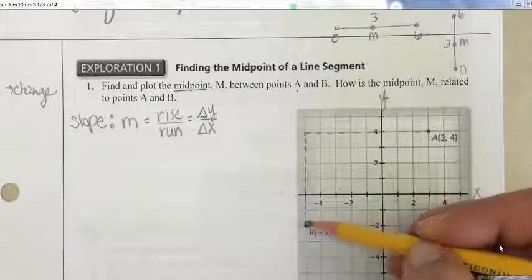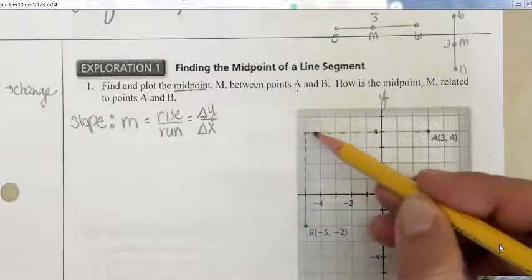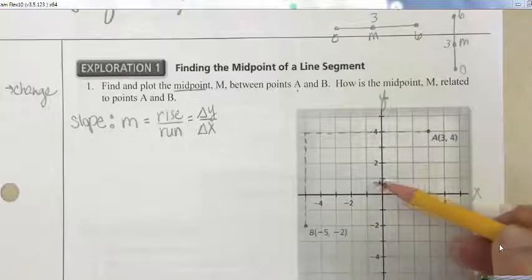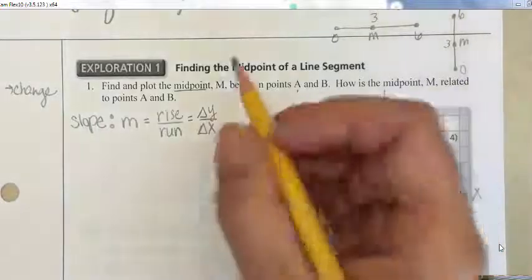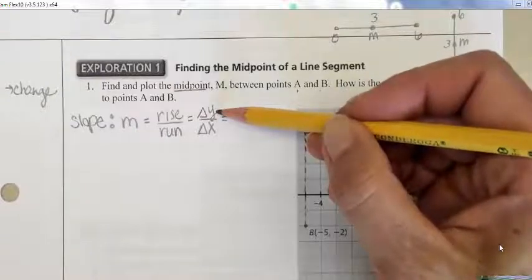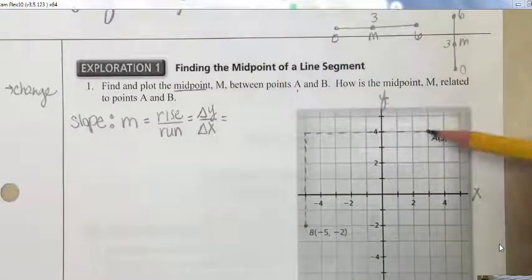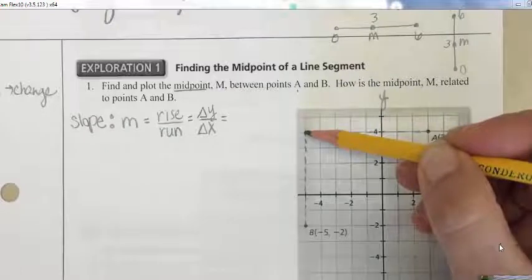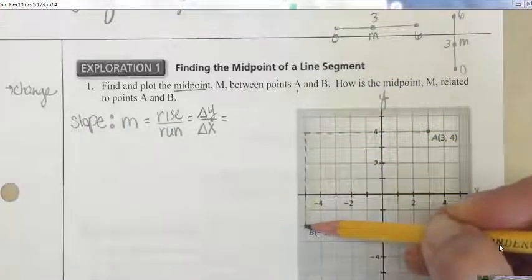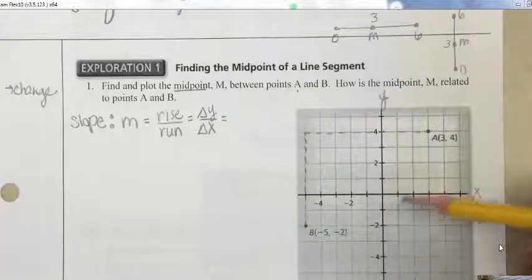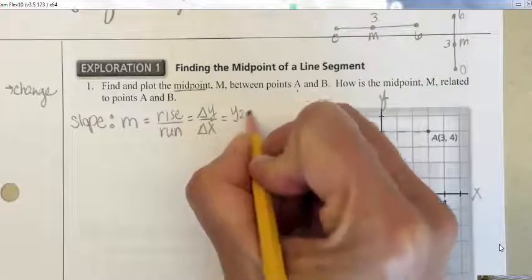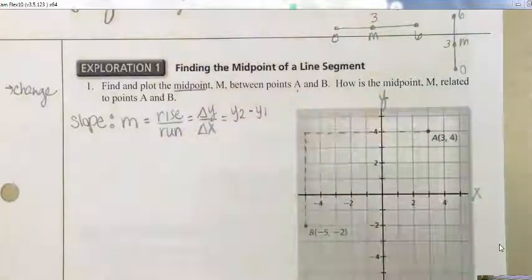So I think if I could figure out how much I go up and how much I go over, then I could maybe cut that in half, and I could find my midpoint. Now, the way that we figure out how much we truly go up is we look at our y coordinates. We look at 4, we're on the y-axis at 4. And then we look down here at our other one, which is -2. So what we really do is we take two y values, like y2 minus y1, and we subtract them.